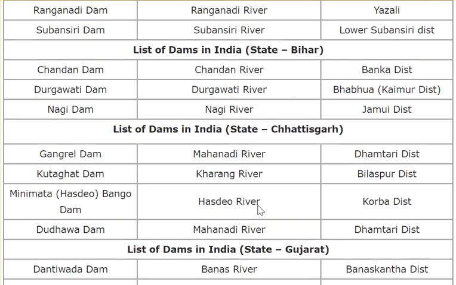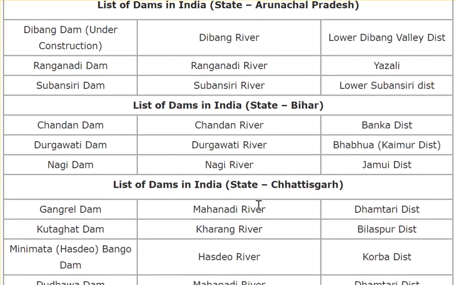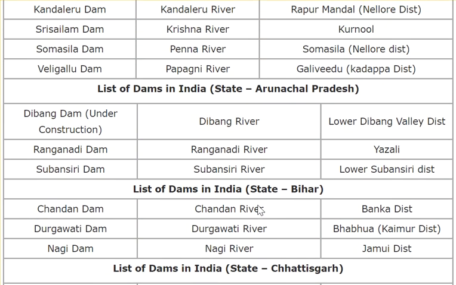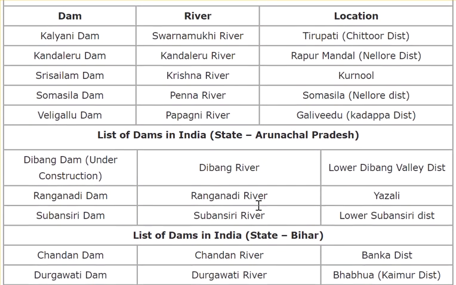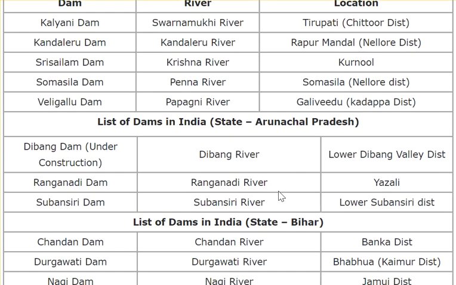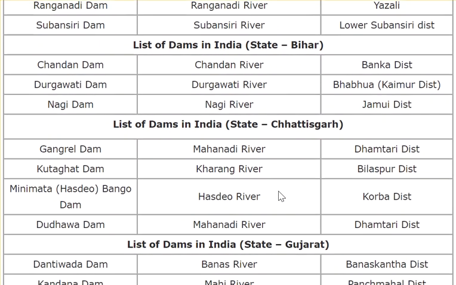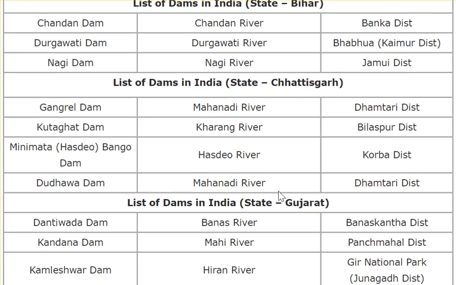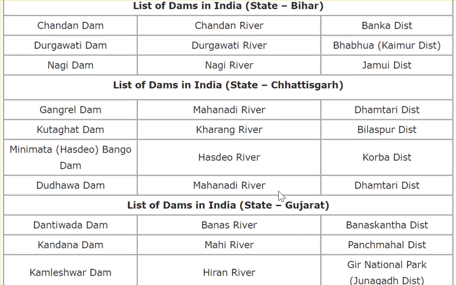So one by one, let us have a look at all states. This is Andhra Pradesh. You can pause and take a screenshot now. Arunachal is also covered on this screen. Thereafter we come to Bihar, Chhattisgarh.